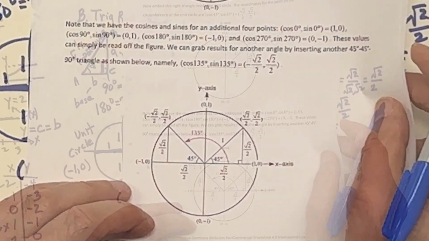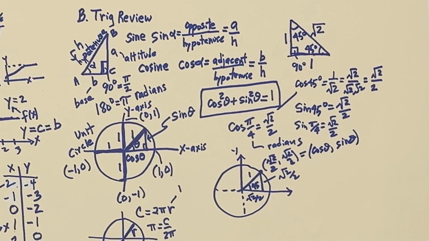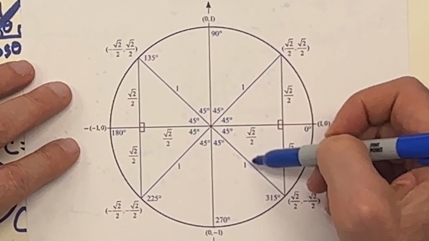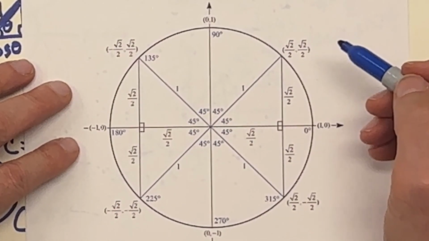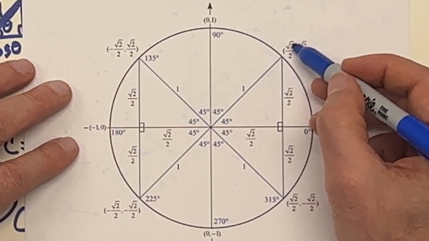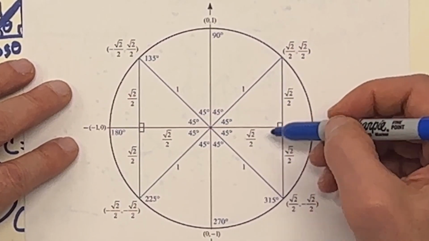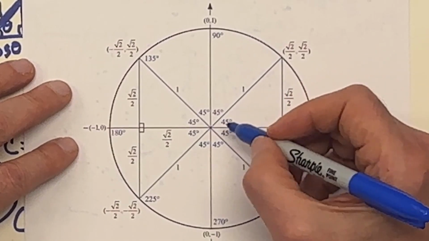Isn't that very, very neat? And then we exploit this idea and put 45-degree triangles everywhere we can. And these are all going to be square root of 2 over 2 with either plus or minus signs. And now we have sines and cosines of 45.